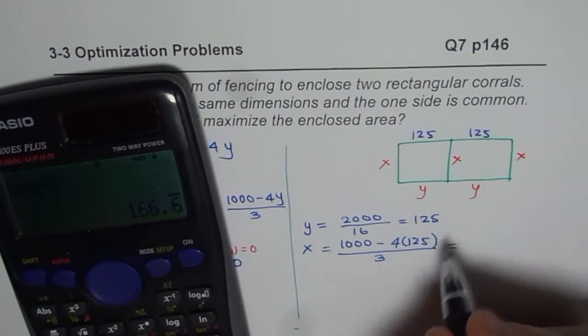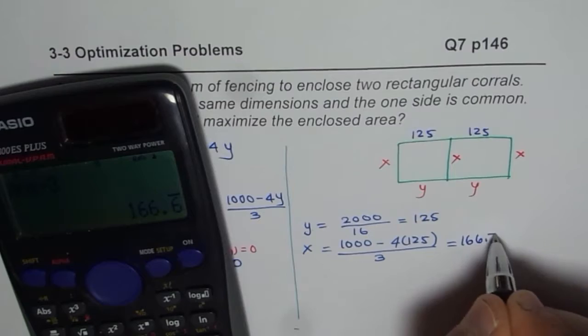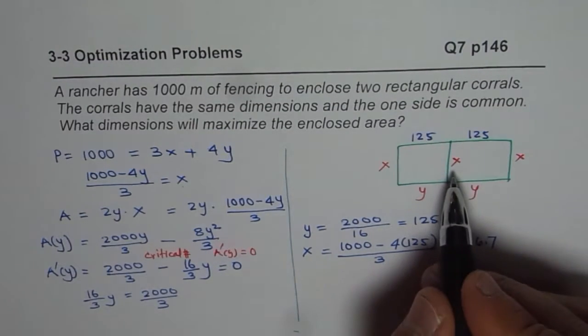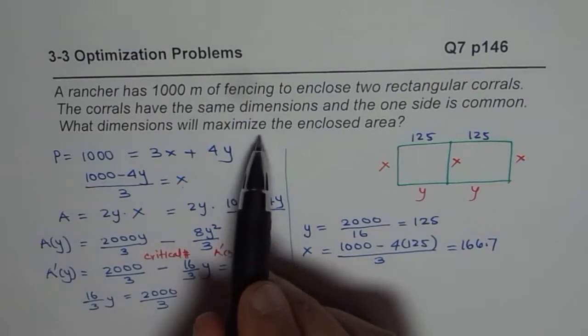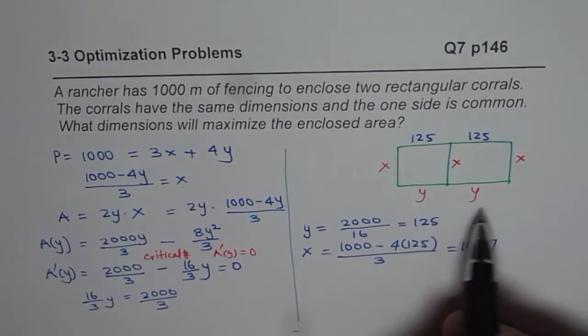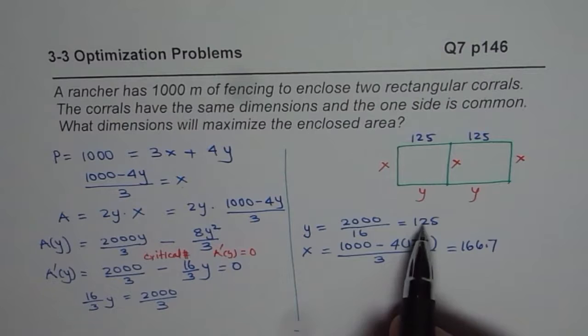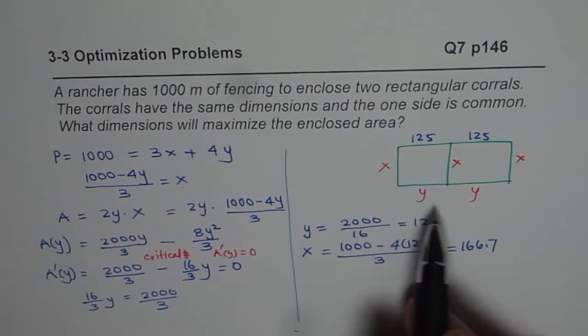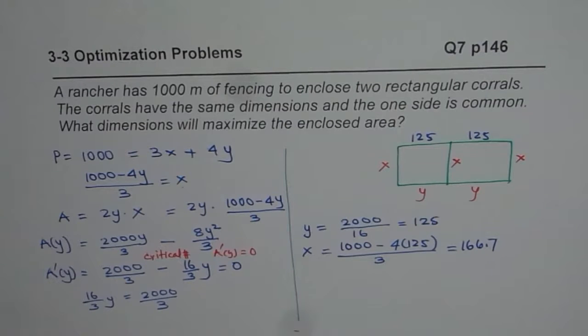In decimals, you can write this as 166.7, correct? So that becomes the x value, right? So it says what dimensions will maximize the enclosed area. So in the given diagram, y is 125 and x is 166.7. So that is how you can find it.